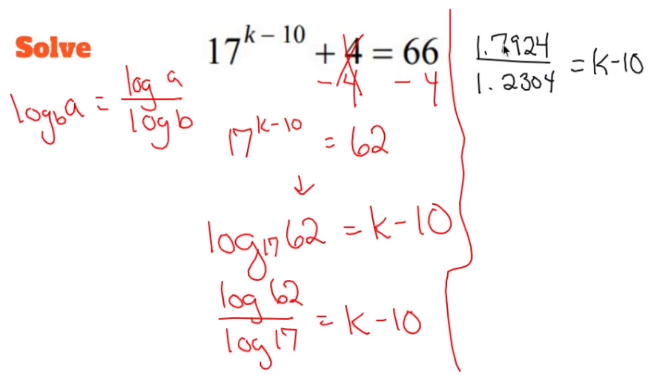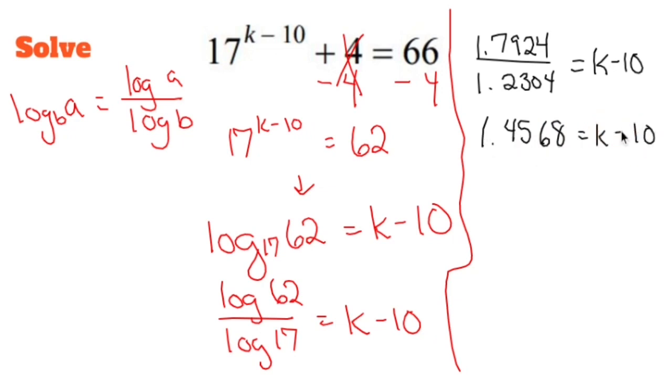Now what I have to do is divide 1.7924 by, and I'm actually literally doing this on a computer right now, 1.2304. That ends up being 1.4567. So let me write that out, 1.45675. So I'll actually make that 68 equals k minus 10.